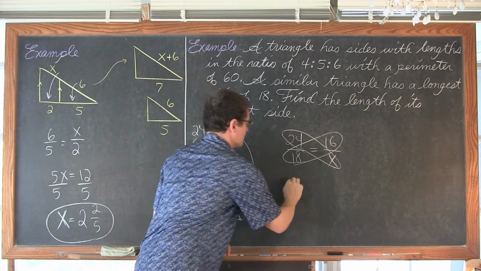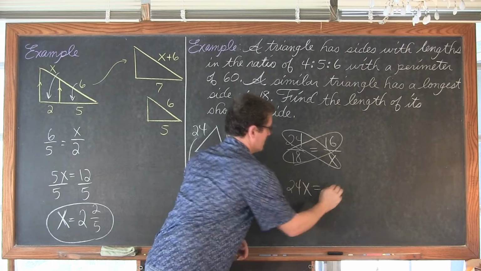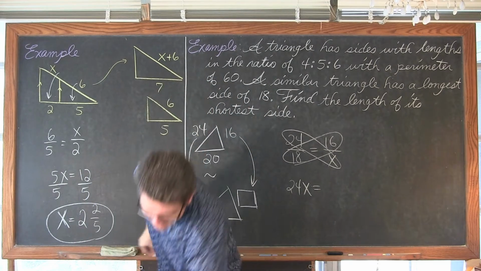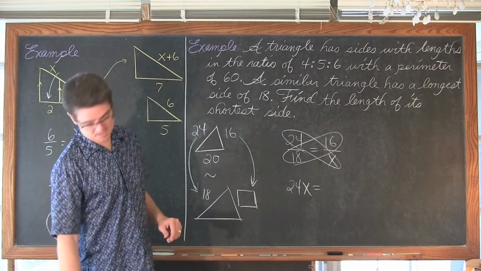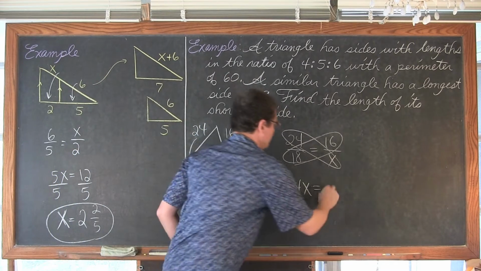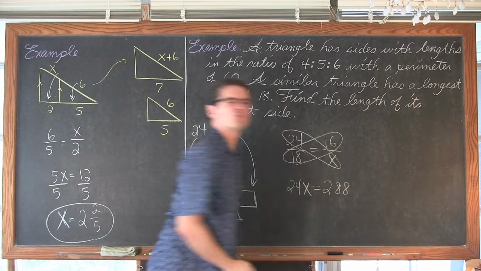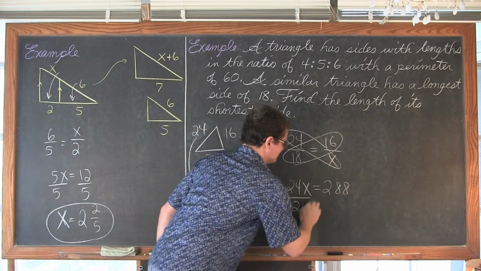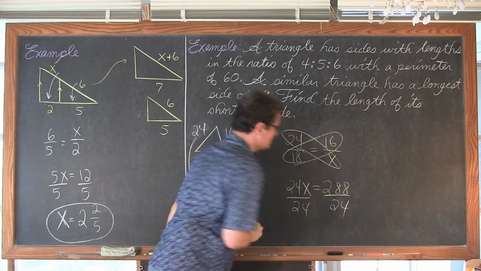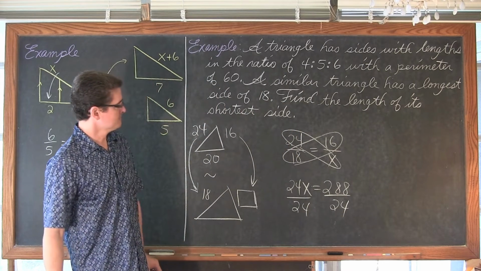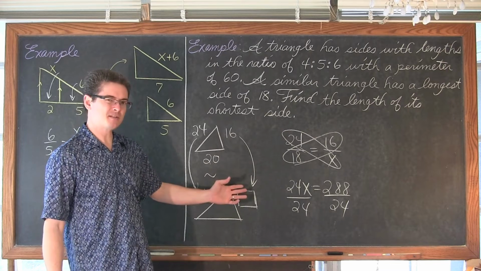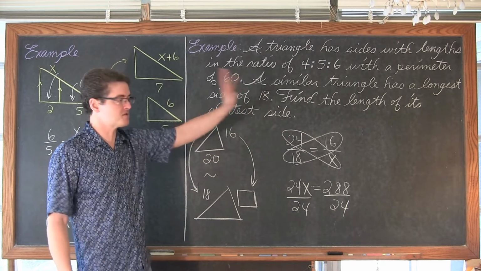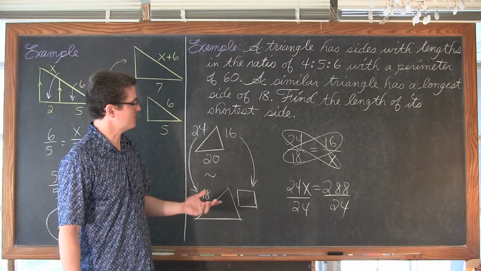We have 24x is equal to, right off the top of my head, 18 times 16 is 288. We're going to divide both sides by 24. Probably should have picked a different variable since we had x related to this first triangle up here, but I kind of erased all my work and just started from there.